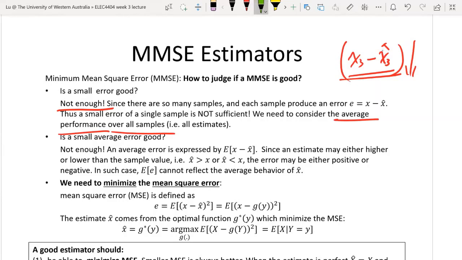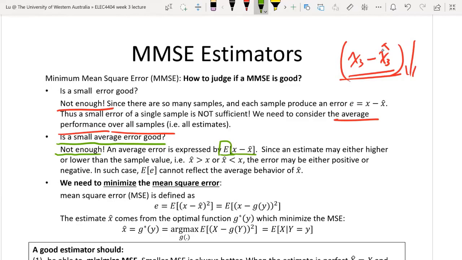But how about if I can give a small average error, will it be good? In other words, if the mean value, or expectation, of x minus x hat is small, is that good enough? The answer is not enough. Because for a fixed value of x, our estimation may sometimes be higher than this value or sometimes lower.